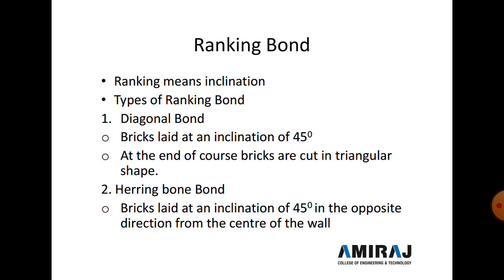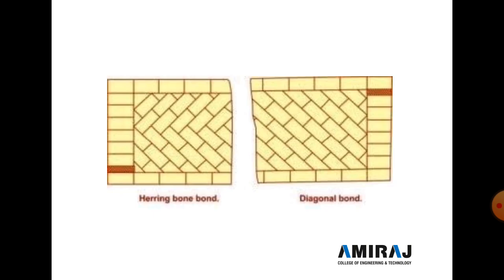The second type of bond is the herringbone. In the herringbone, bricks are laid at 45 degrees in opposite directions from the center of the wall. See this figure.